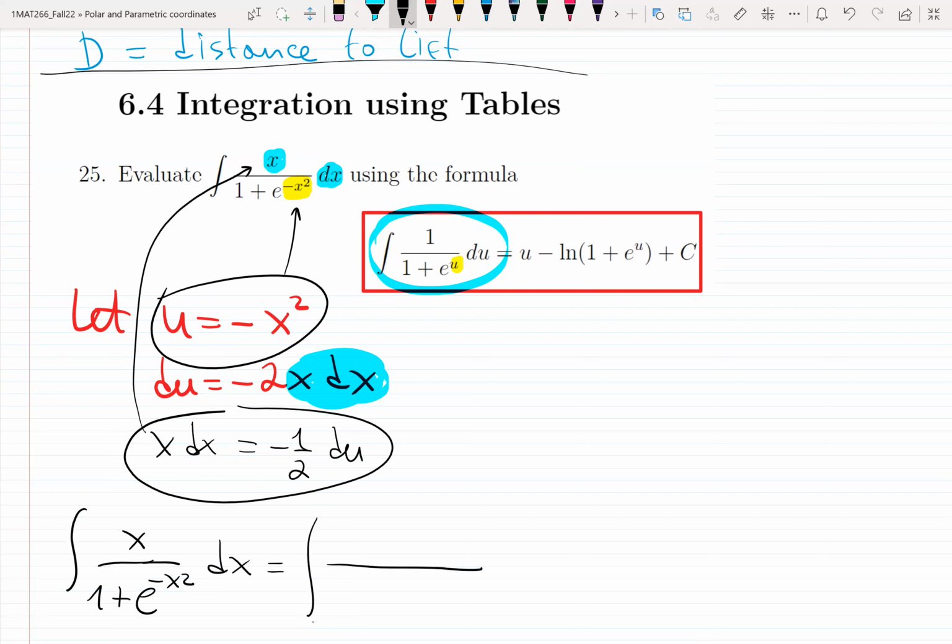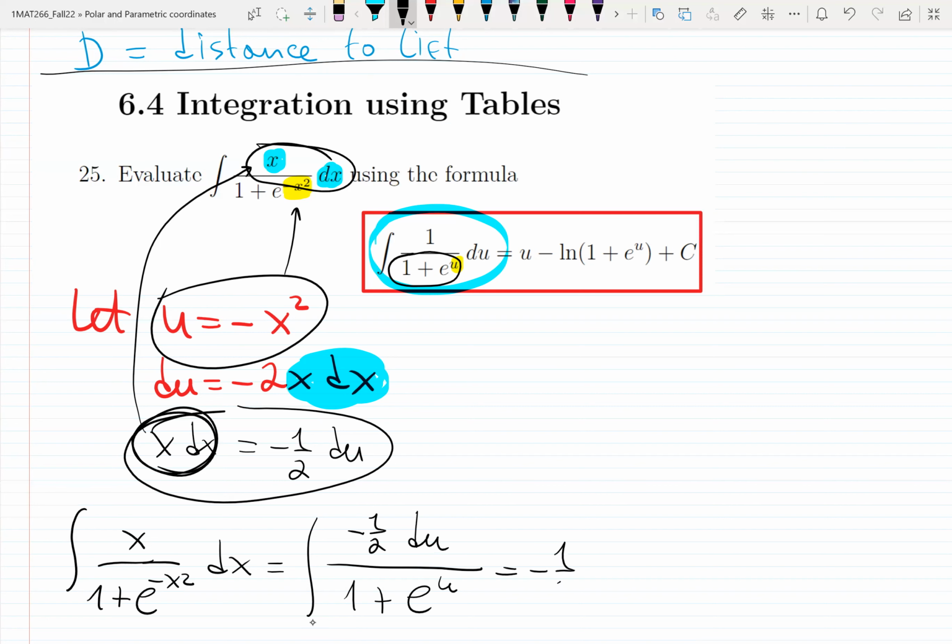Let's do the simple part first: 1 plus e to the u. That's the whole point. Now it looks very nice. And then x dx over here becomes minus 1/2 du. Well, that's what we need.